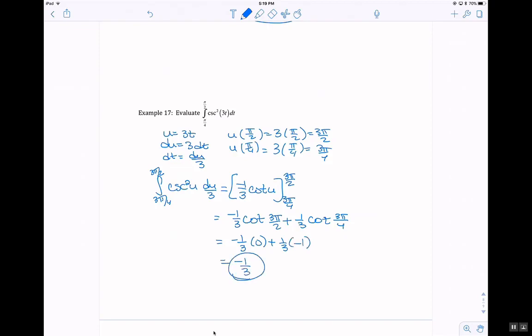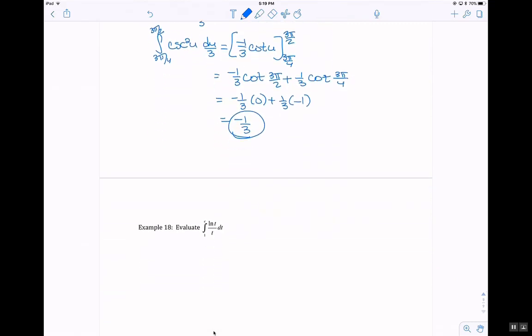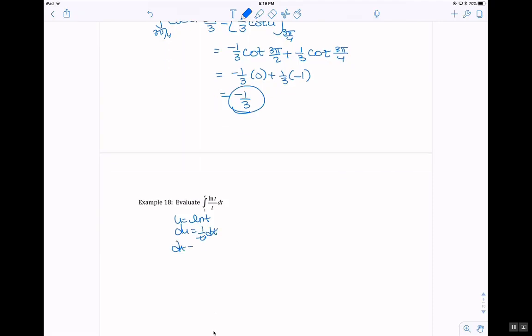Next one, we're going to do another u substitution. We're going to let u be equal to the ln of t, so du is equal to 1 over t dt, so then dt is equal to t du. u of e is equal to the ln of e, which is 1, and u of 1 is the ln of 1, which is 0.